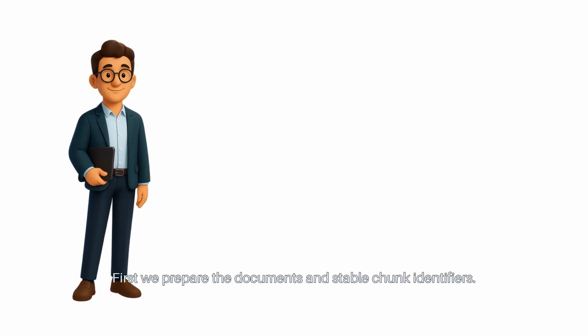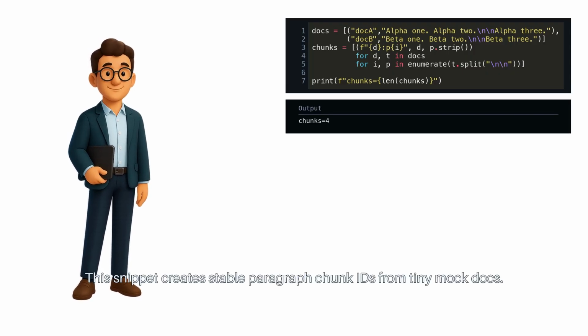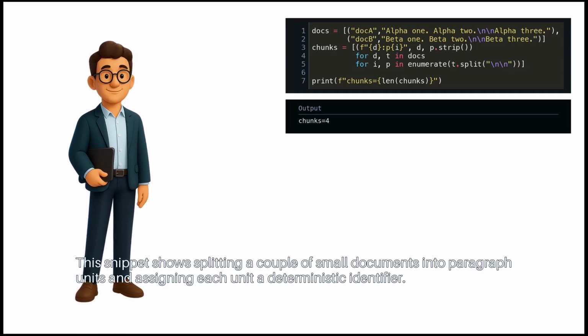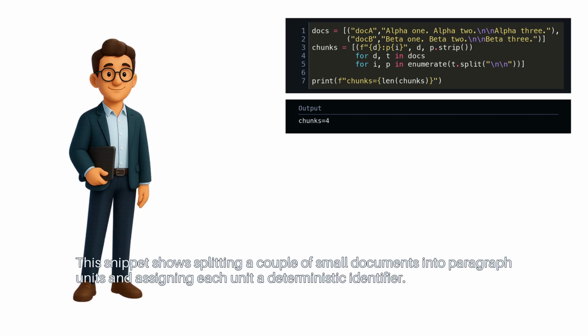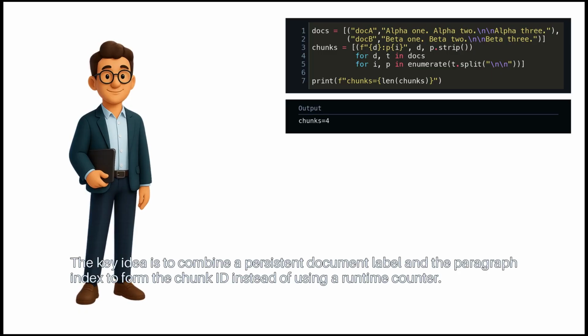First, we prepare the documents and stable chunk identifiers. This snippet creates stable paragraph chunk IDs from tiny mock docs. This snippet shows splitting a couple of small documents into paragraph units and assigning each unit a deterministic identifier. The key idea is to combine a persistent document label and the paragraph index to form the chunk ID instead of using a runtime counter.